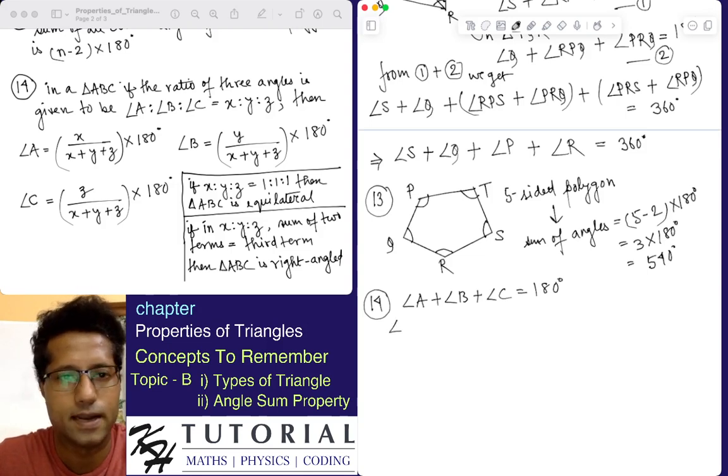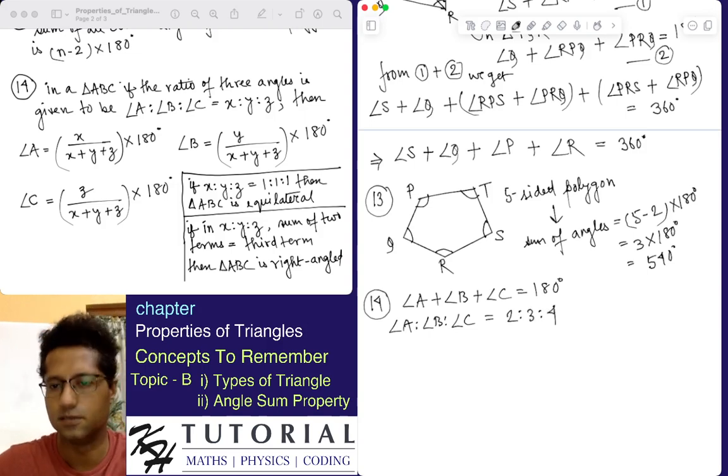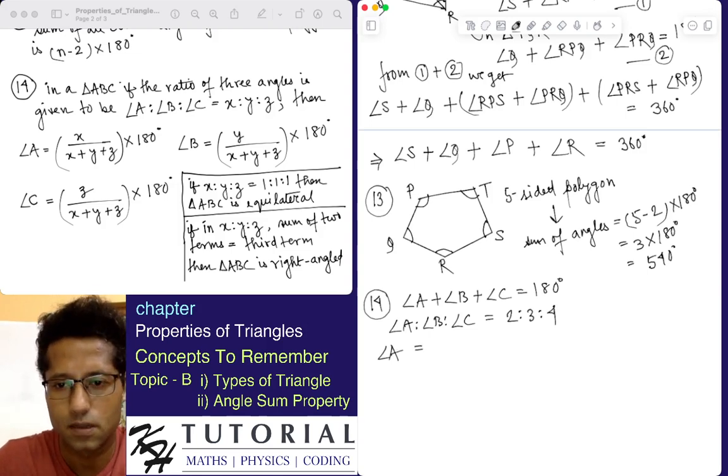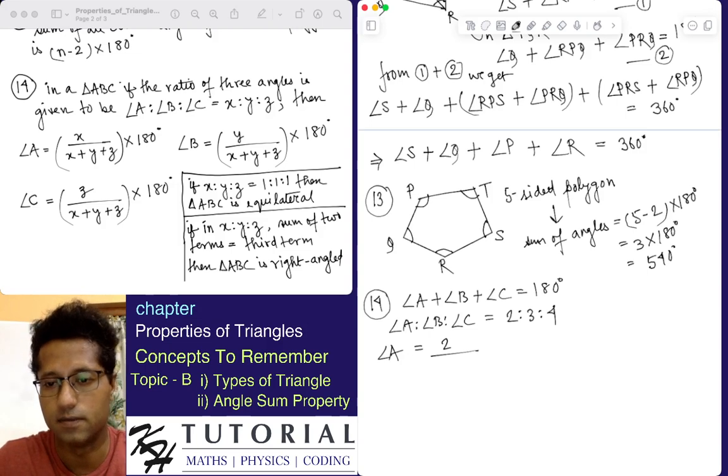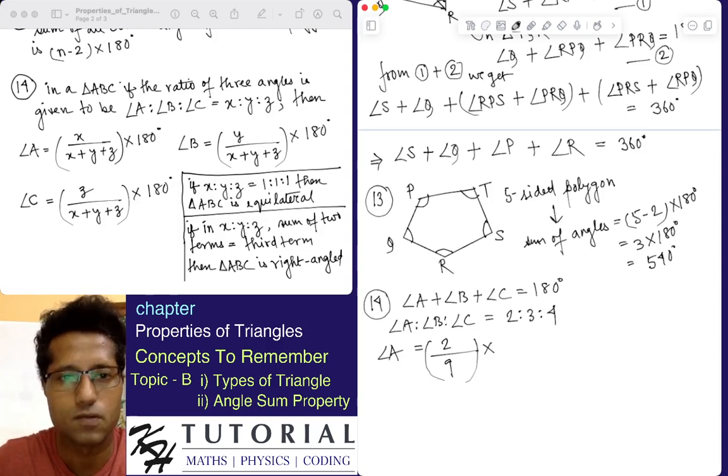If it is given that angle A is to angle B is to angle C, let's say I'm taking an example, 2 is to 3 is to 4, then angle A will be equal to the term in the ratio corresponding to angle A, that is 2, divided by the addition of all the terms, that is 2 plus 3 plus 4, that is 9. So 2 by 9 multiplied by 180 degrees will be angle A.